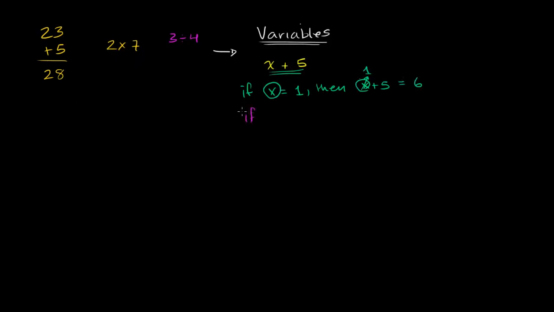If x is equal to negative 7, then x plus 5 is going to be negative 7 plus 5, which is negative 2. So notice, x here is a variable, and its value can change depending on the context. And this is in the context of an expression.